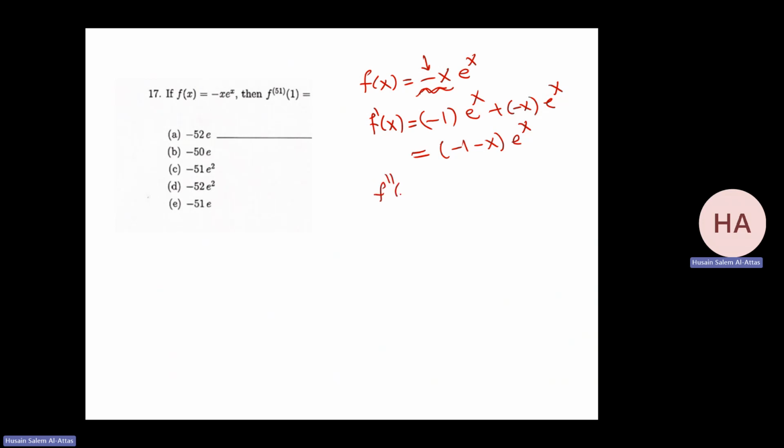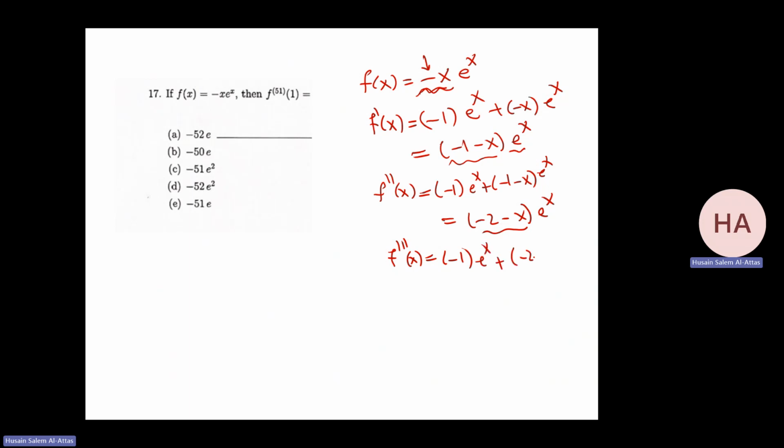Second derivative will be minus 1 e to the power x plus this times the derivative of e to the power x, so it's minus 2 minus x e to the power x. Third derivative: minus 1 e to the power x, plus this times the derivative of e to the power x, so it's minus 3 minus x e to the power x.